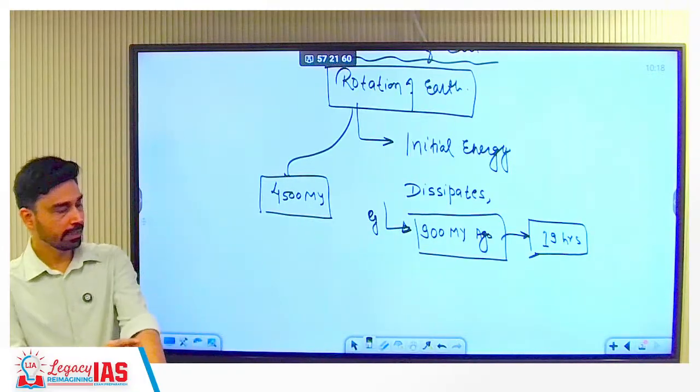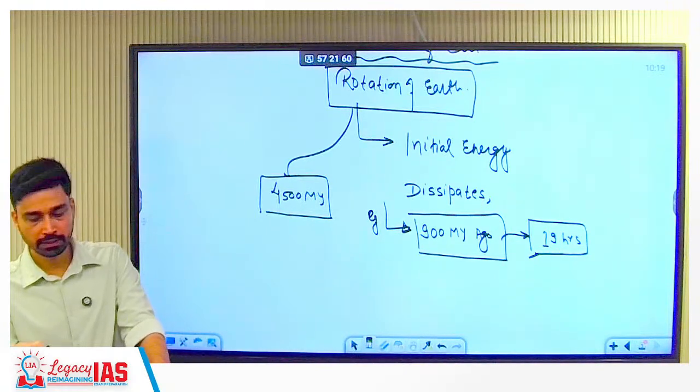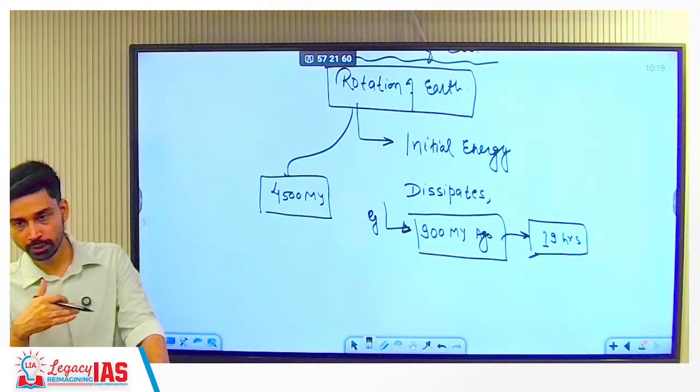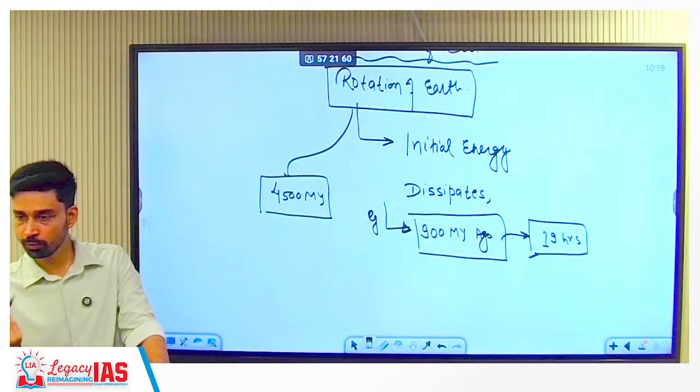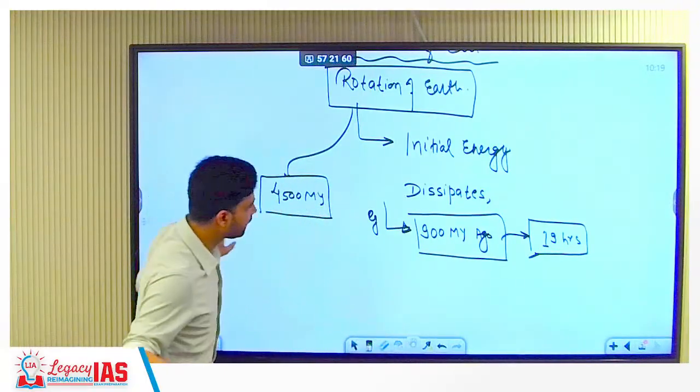So 900 million years ago, you have the day length of just 19 hours. That means going forward in the future, today we have 24 hours, after some time it will be 25, 26, 27, 28. So day length is expected to continuously increase.